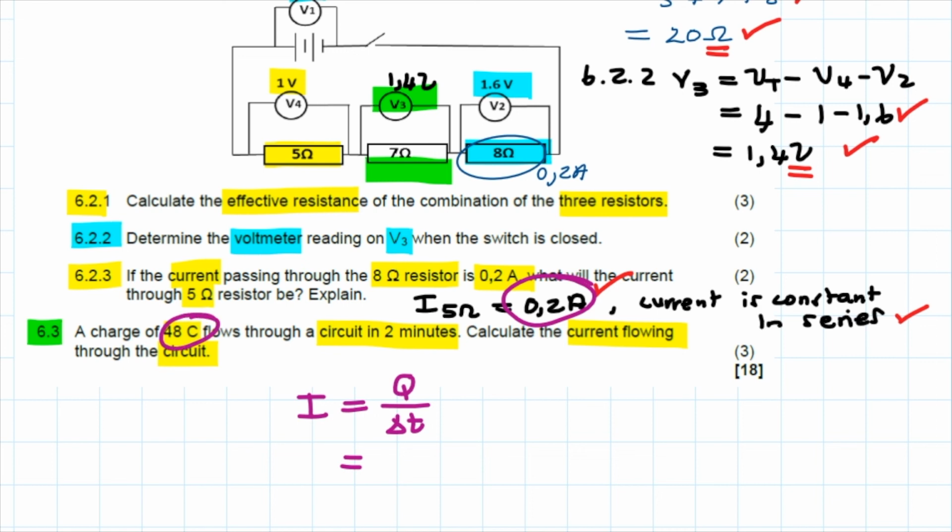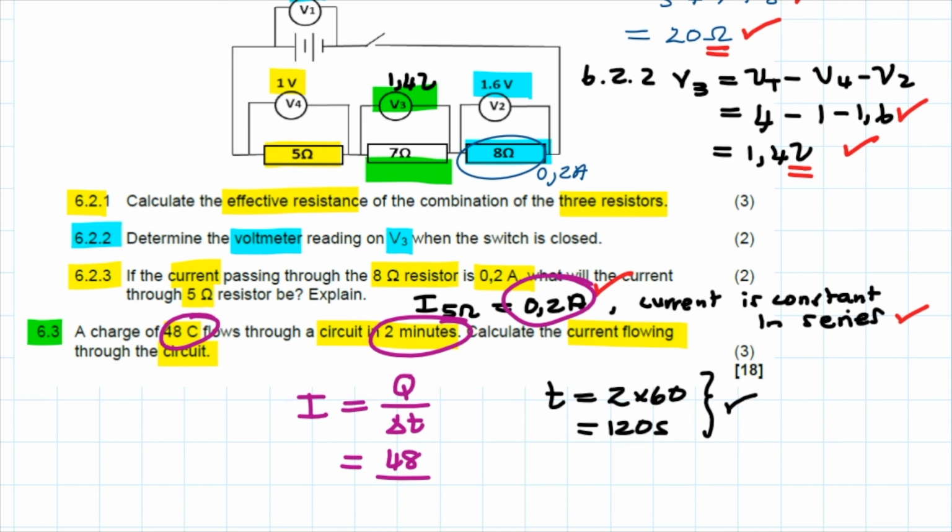So we're going to say 48 divided by the time, which is 2 minutes. But remember, time is measured in seconds. So we're going to say T is equal to 2 times 60, which gives us 120 seconds. We must first do the conversion.